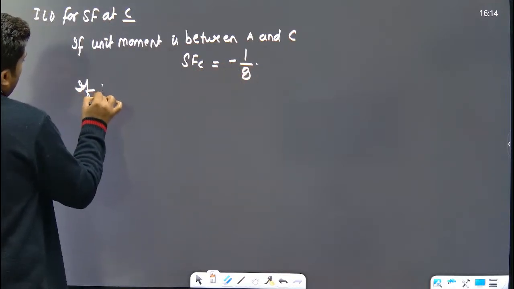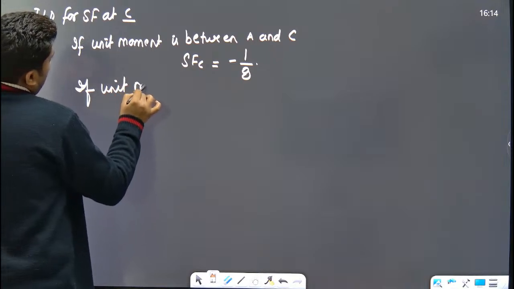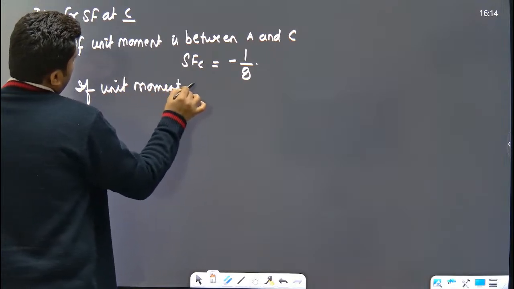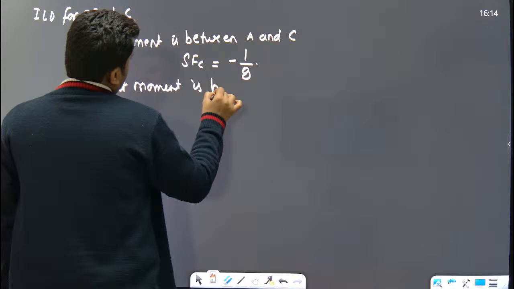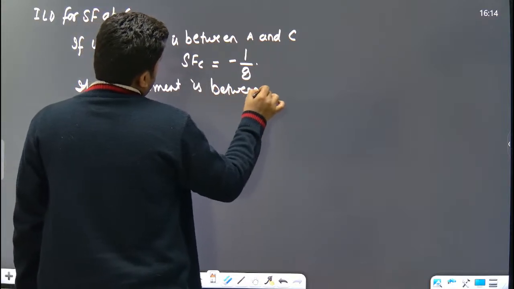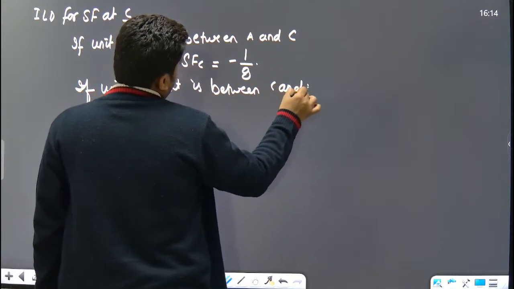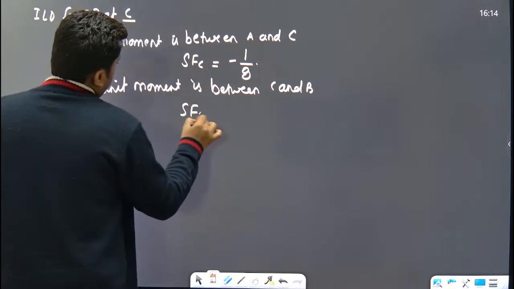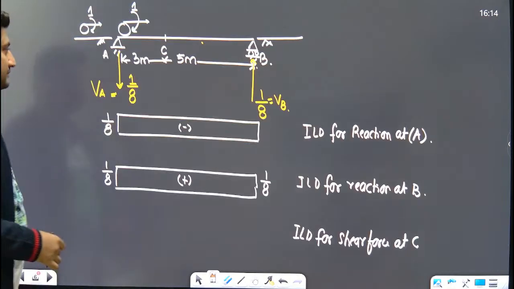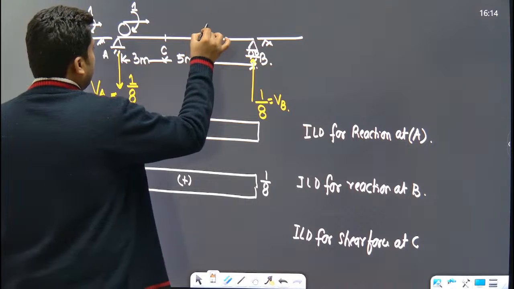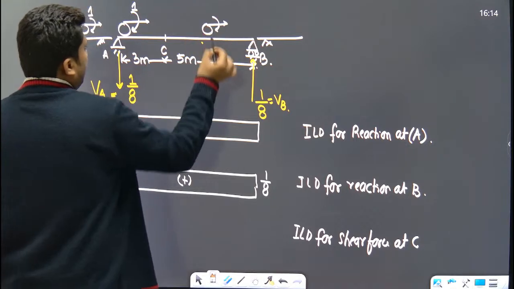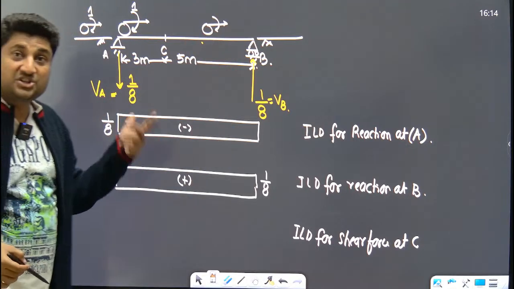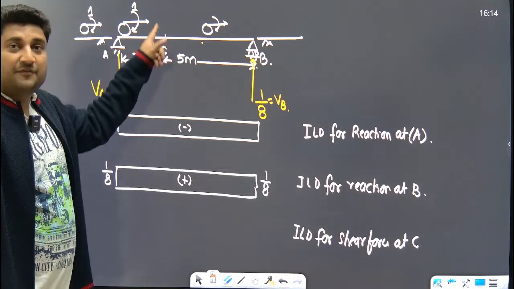If the unit moment is between C and B, what will be the shear force at C?